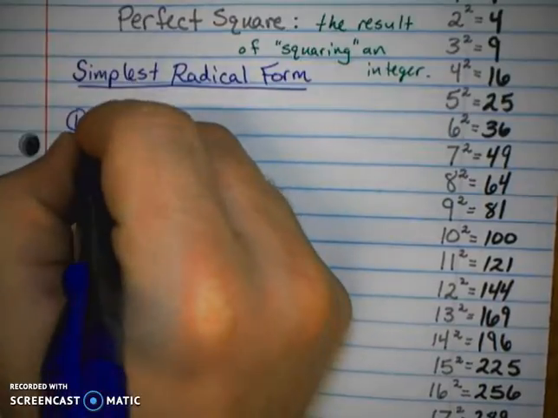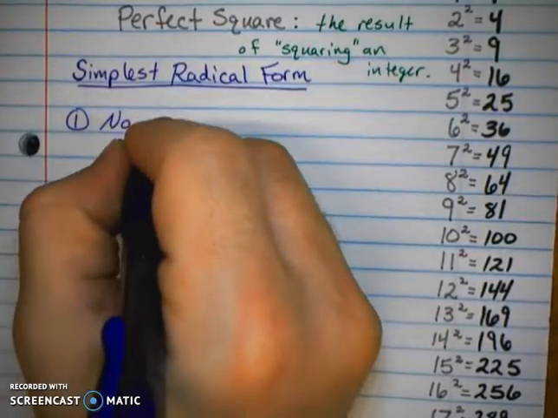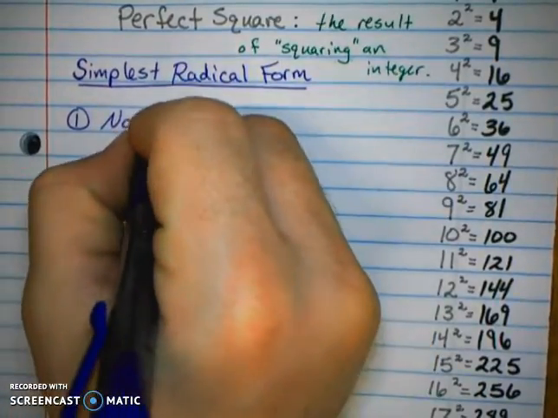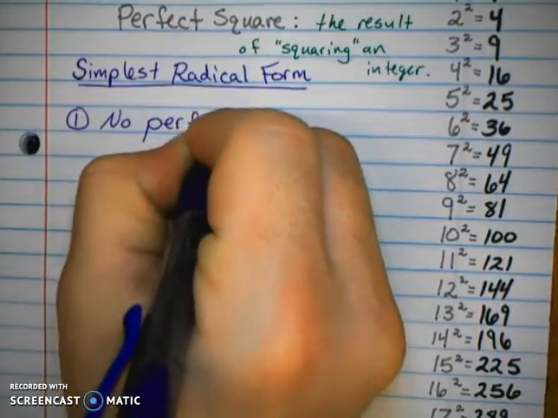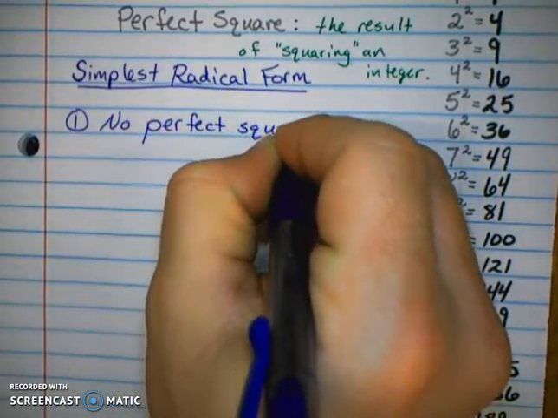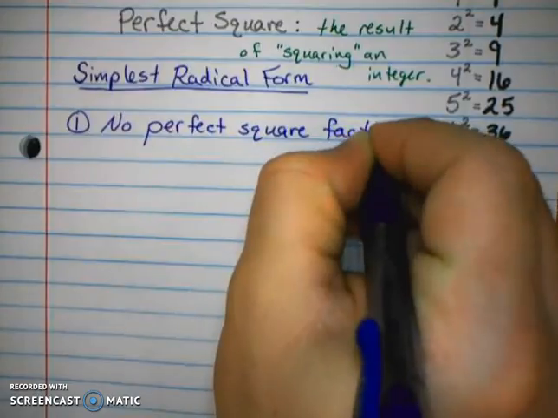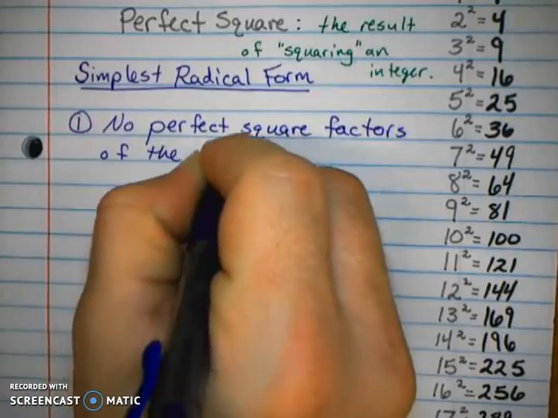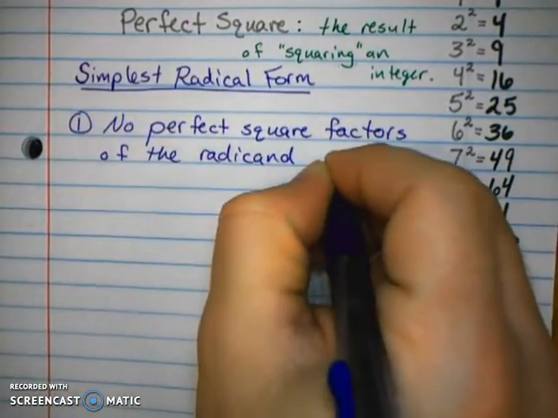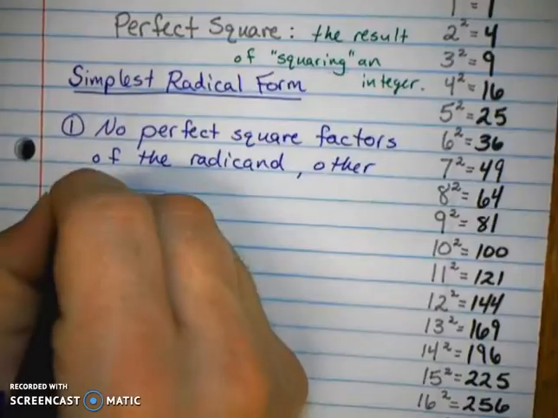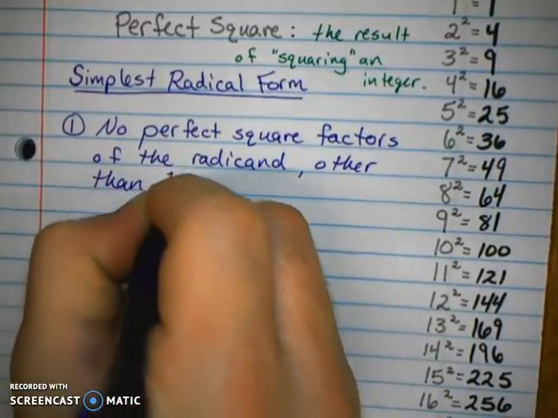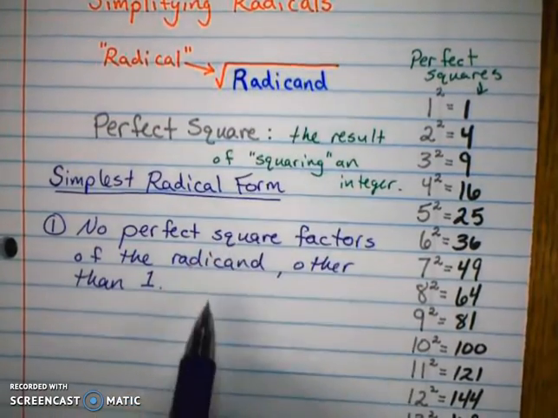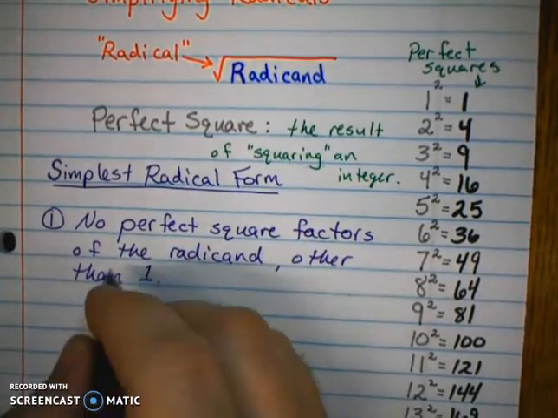First of all, there can be no perfect square factors of the radicand, meaning the number underneath the square root, other than 1. Let's look at an example that helps us understand that.